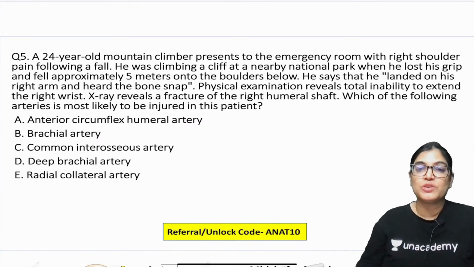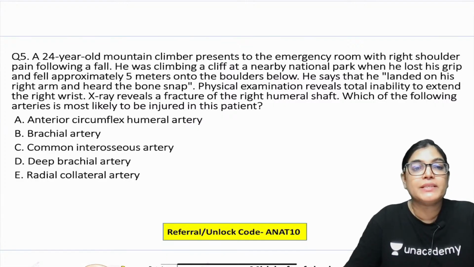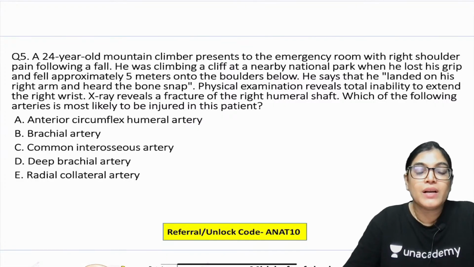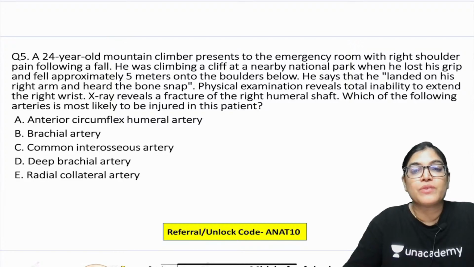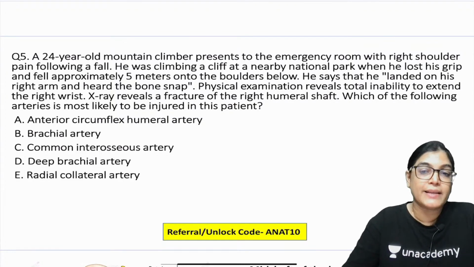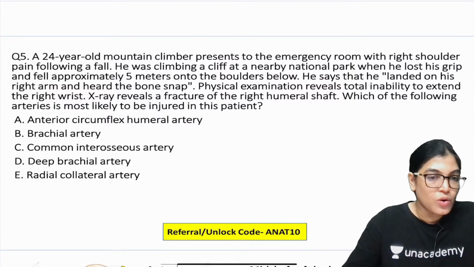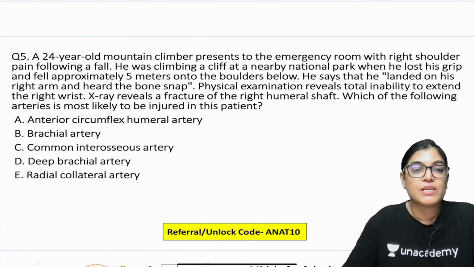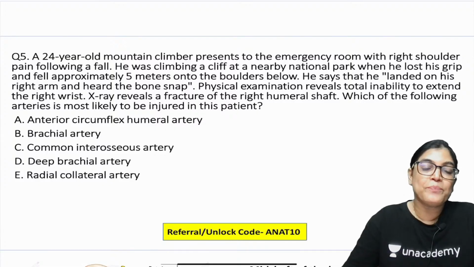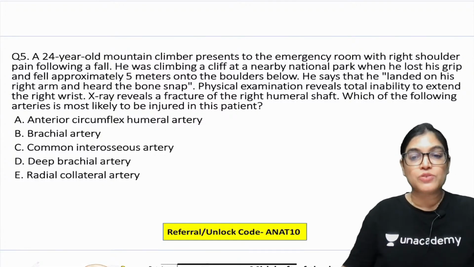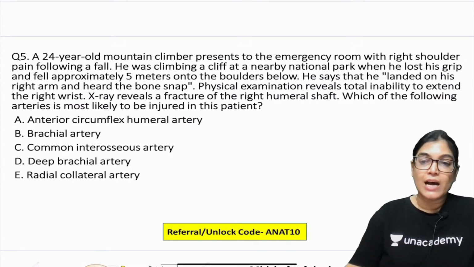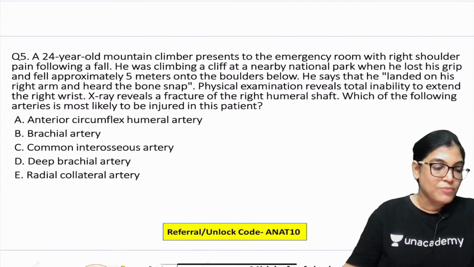Physical examination reveals total inability to extend the right wrist. The X-ray reveals a fracture of the right humeral shaft. Which of the following arteries is most likely to be injured in the patient? The options provided are anterior circumflex humeral artery, brachial artery, common interosseous artery, deep brachial artery, and radial collateral artery. 5 options are there.